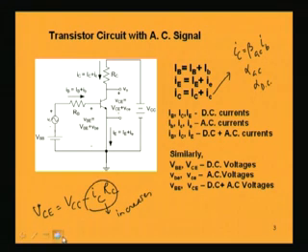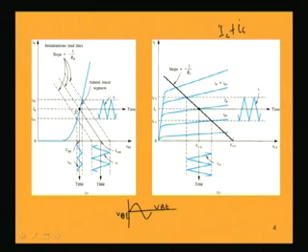So, starting from this DC value, when IC is at its peak, we will get the negative peak of VCE. This point is important.